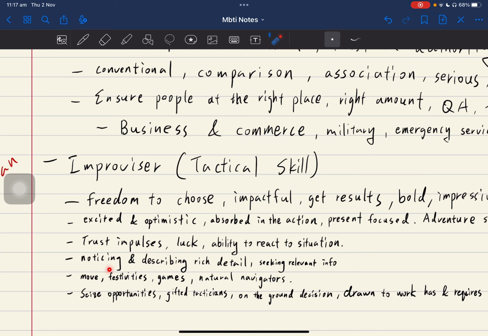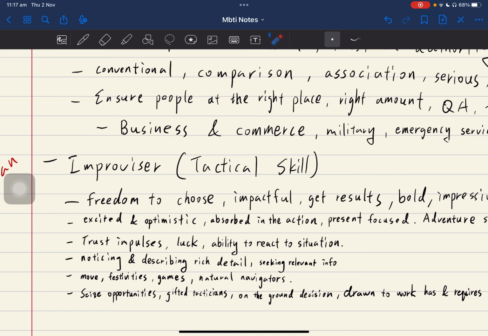And noticing and describing rich details and seeking relevant information. They don't mind moving, festivals, games, and they are also kind of natural navigators, finding their own way.